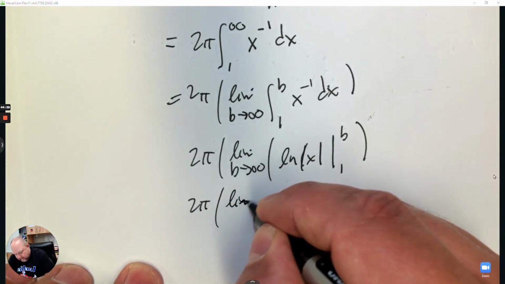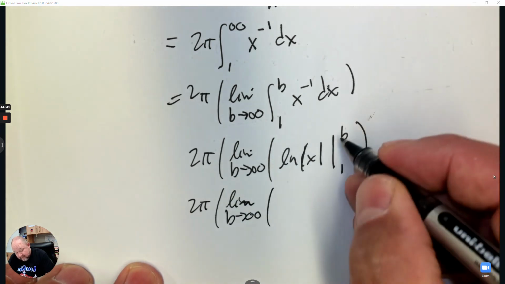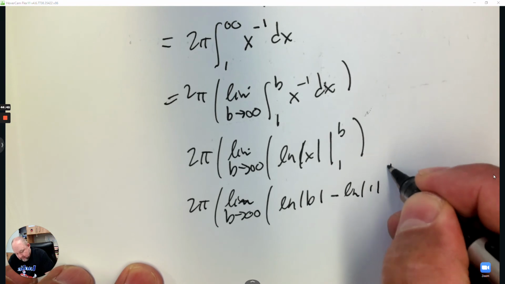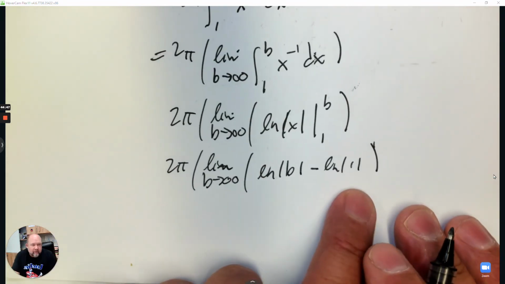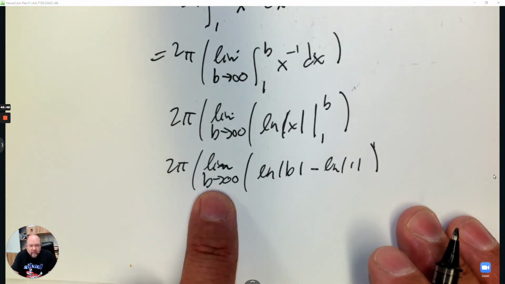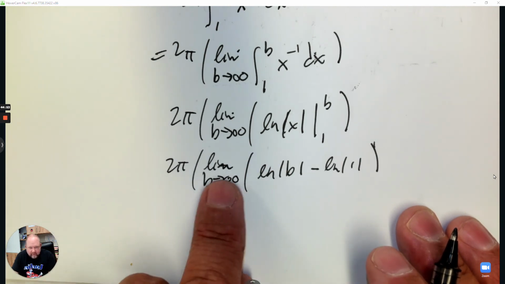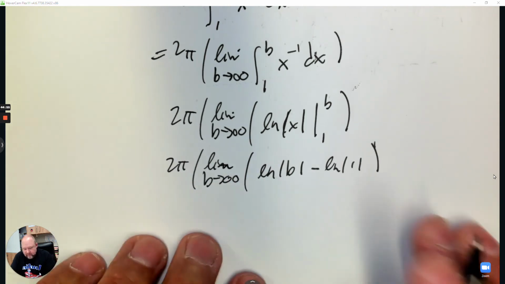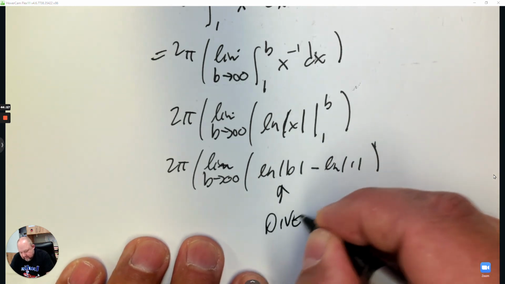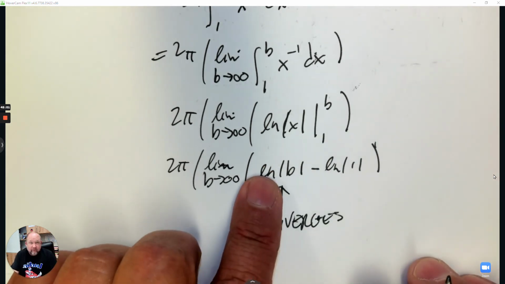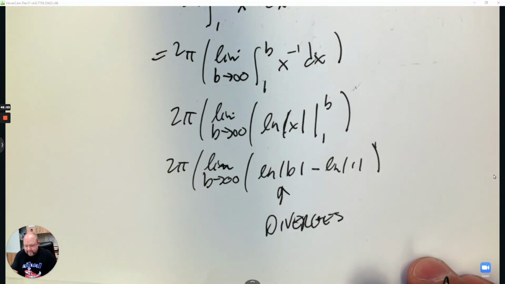Keep that limit notation. Plug in b first, subtract, plug in 1. So ln 1 is 0. Here, we don't have a fraction, we don't have something in the denominator. So this goes to infinity. So this diverges. It does not converge to a number, because the right-hand behavior of a logarithm is infinity.